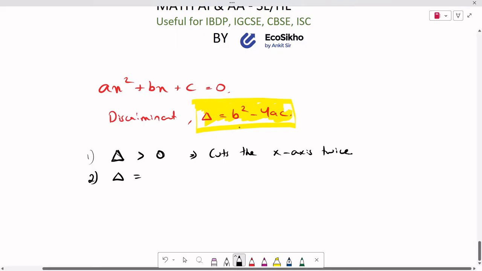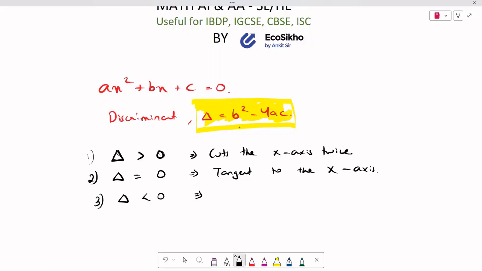If the discriminant is equal to 0, the parabola is tangent to the x-axis. And if the discriminant is negative, it doesn't intersect the x-axis.